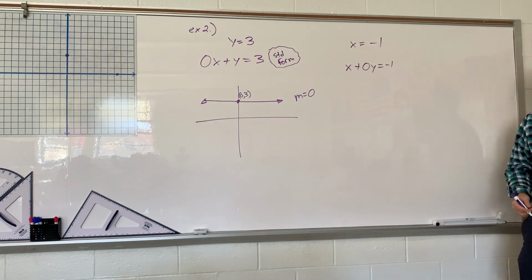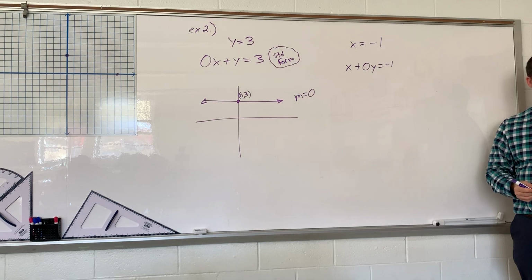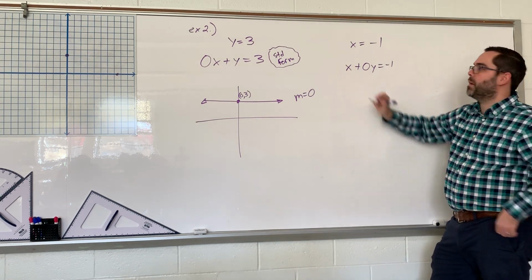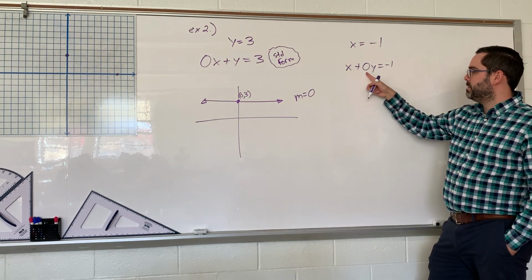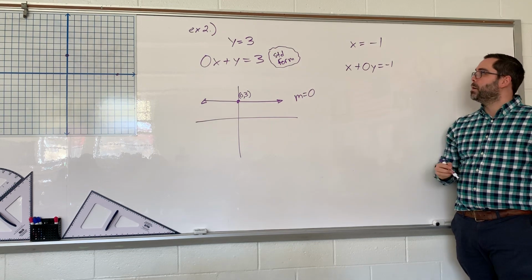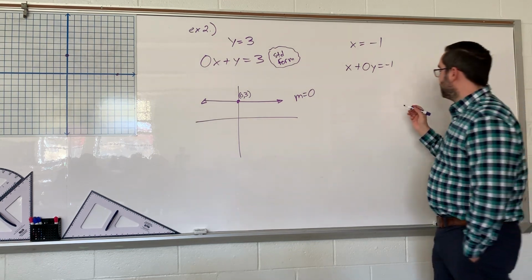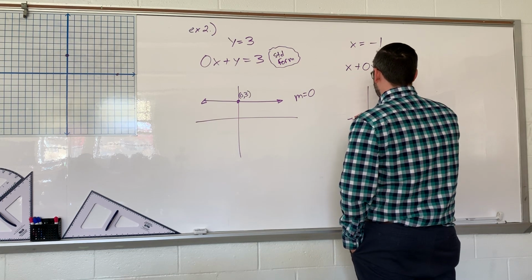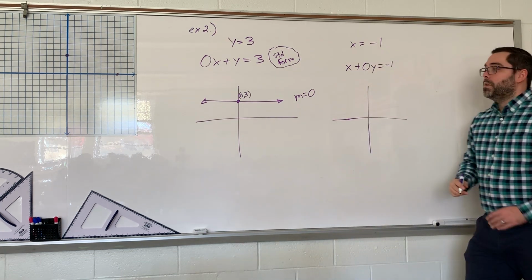What's A? There's no A written, so A is 1. What's B? 0. C is -1, right? So this is in standard form. How do I graph this? What is my x-intercept?